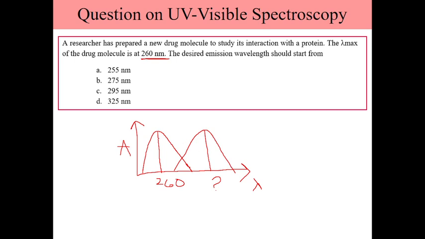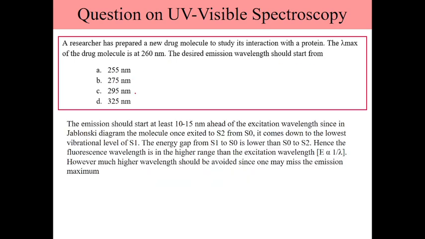Always remember this distance should be more than or equal to 10 nanometer. So 260 plus 10, what should it be? It should be anywhere around here, starting from more than 10. So that is 275. See here they have explained everything.